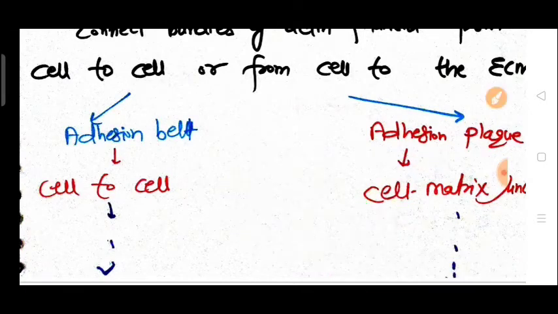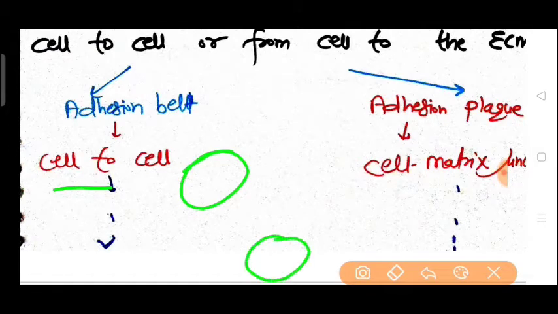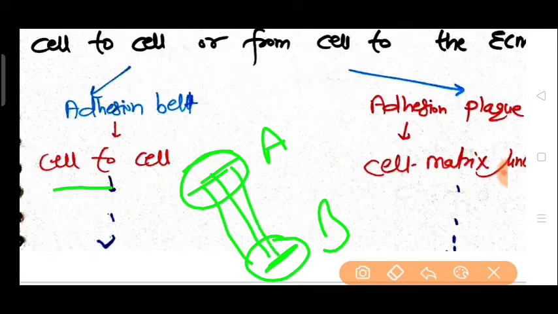Their connectivity is basically different. The adhesion belt provides connectivity between cells. It means they provide connectivity between the actin filament of cell A and cell B. So what will the adhesion belt do? It will provide connectivity like this.